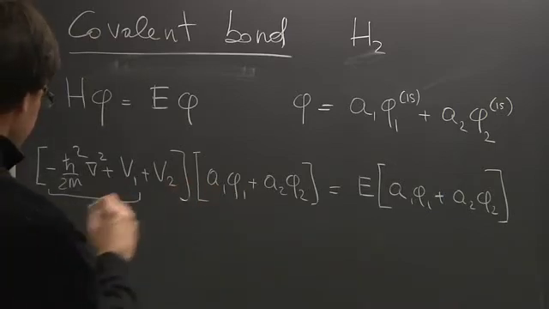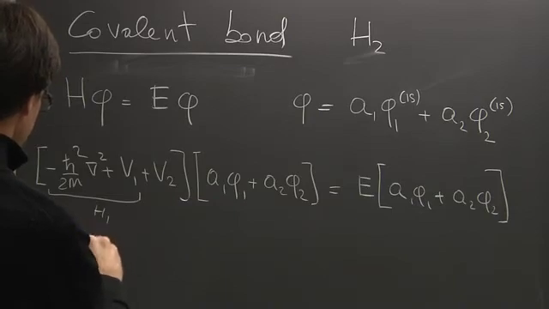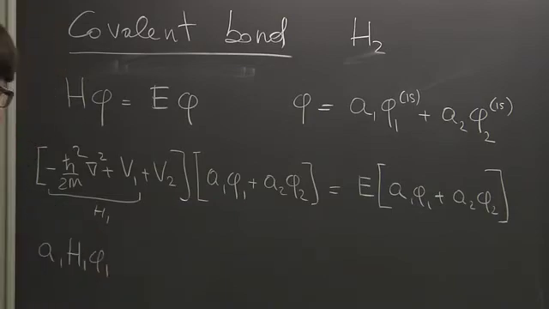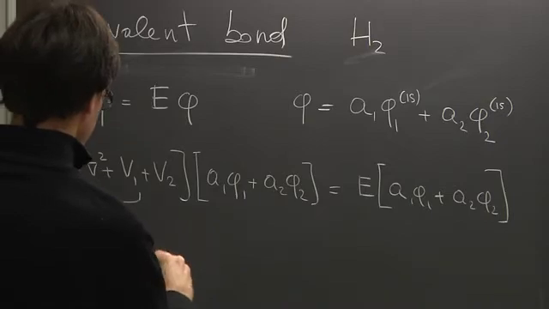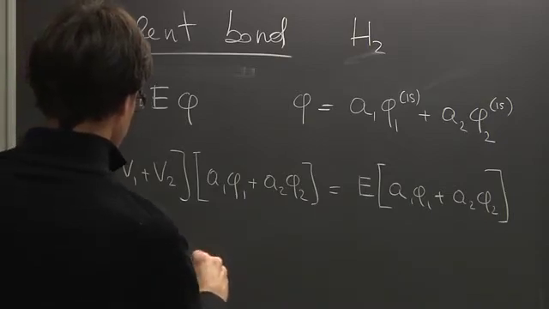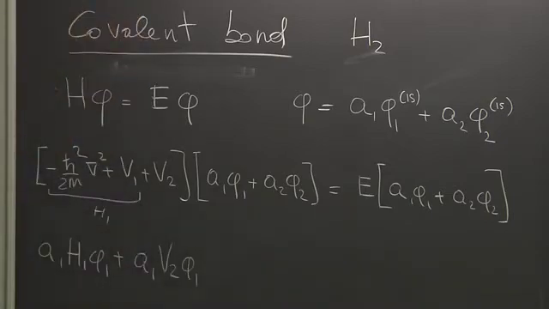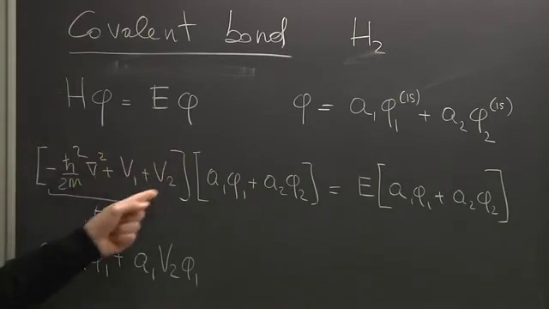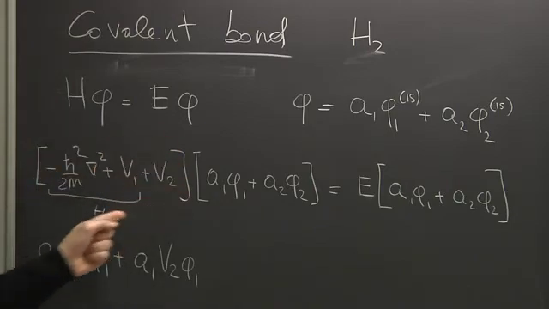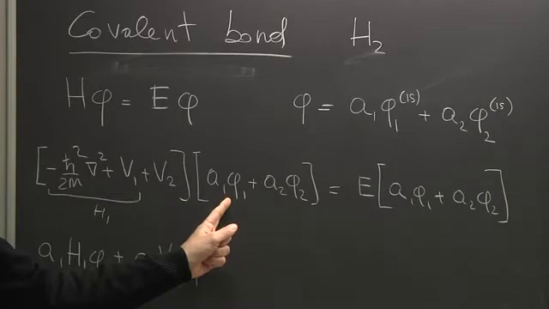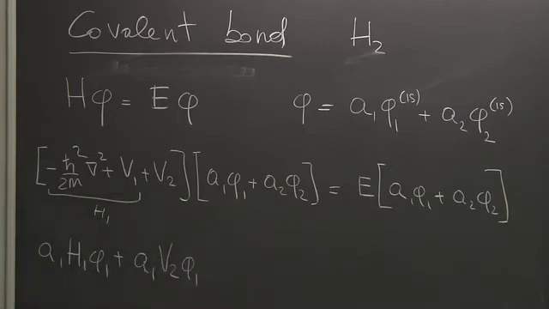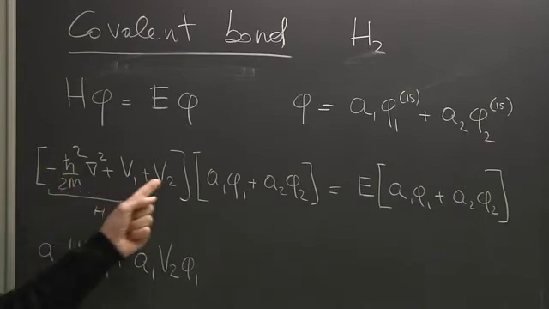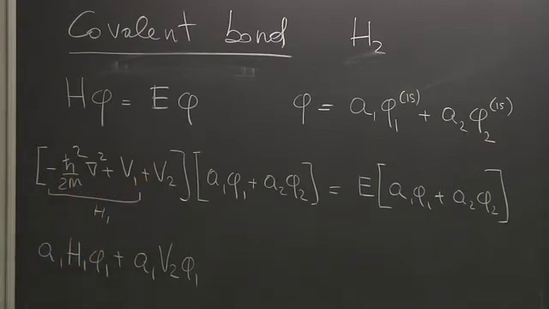Okay, so let me write this as A1 H1 phi 1 plus A1 V2 phi 1. Right? What I'm doing is I'm applying the left-hand side of the equation to the first term on the right-hand side. But in doing that, I'm writing the Hamiltonian as H1 plus V2. Right? That's my definition.